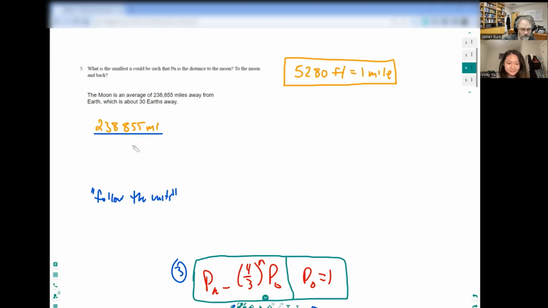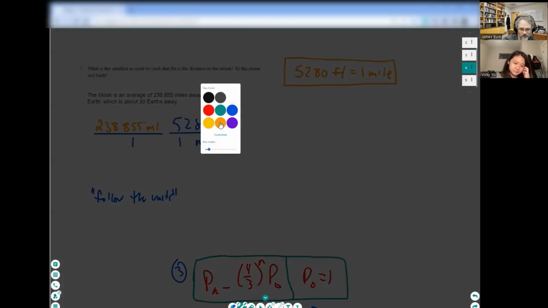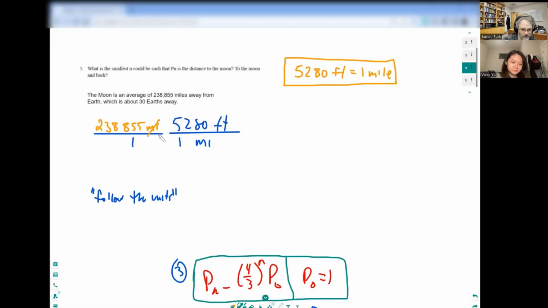For every 1 mile equals 5,280 feet. And when I say follow units, what I mean is, what if I cross them out, like cancel them out? What units remain? Feet. So if I follow the units like this, set up my ratio, my conversion factor, you're going to get the answer that way. Okay, let's just calculate this and see what we get.